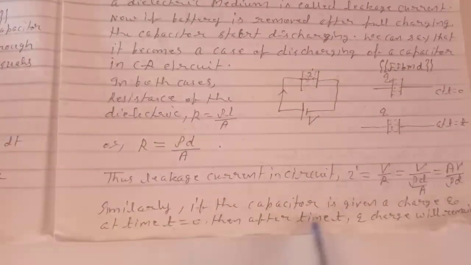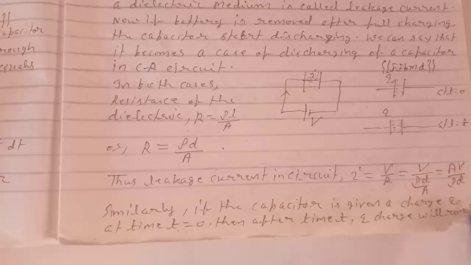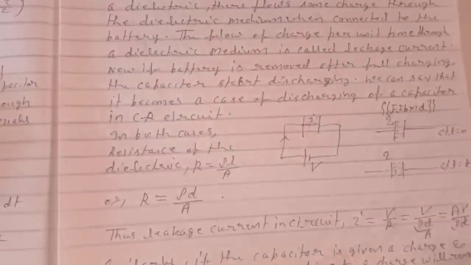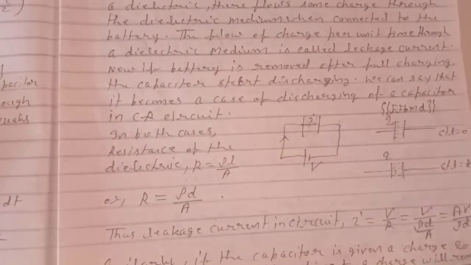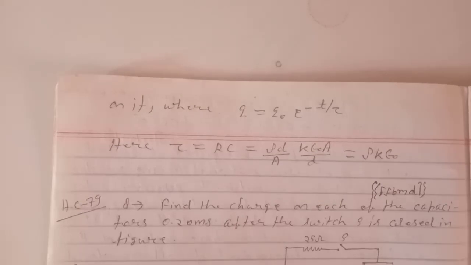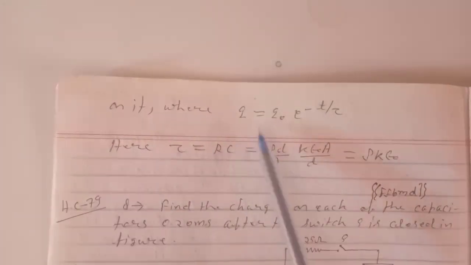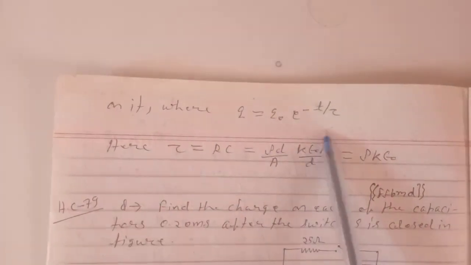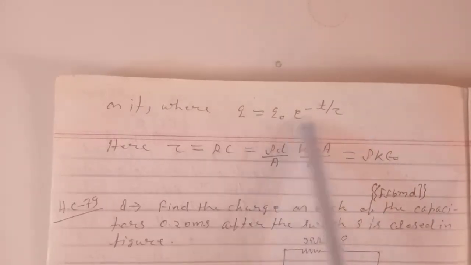Similarly, if the capacitor is given a charge Q naught at time t equal to 0, then after time t, the charge Q remaining on the capacitor is given by Q equals Q naught e to the power minus t by tau, because this is the case of discharging.